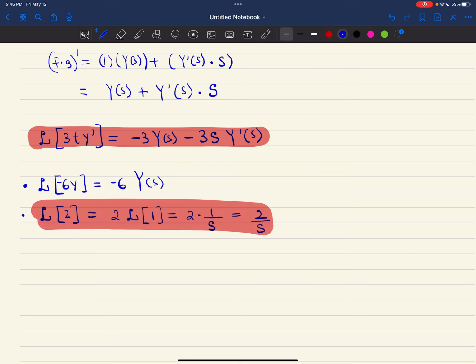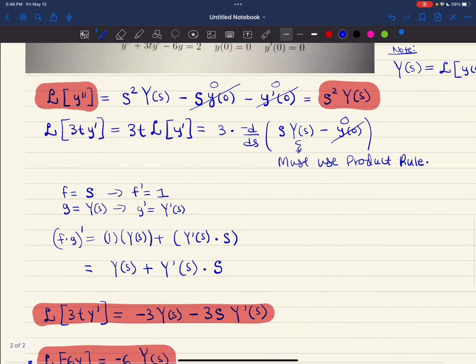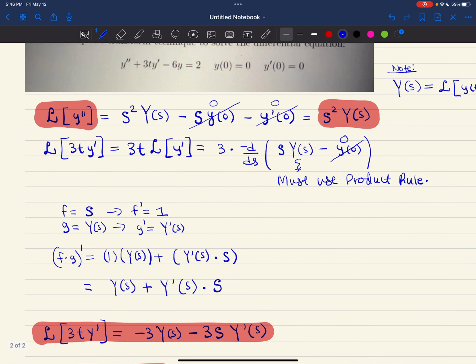All right, so let's look into the next step. Now putting everything together, we have considered the sign and everything else.